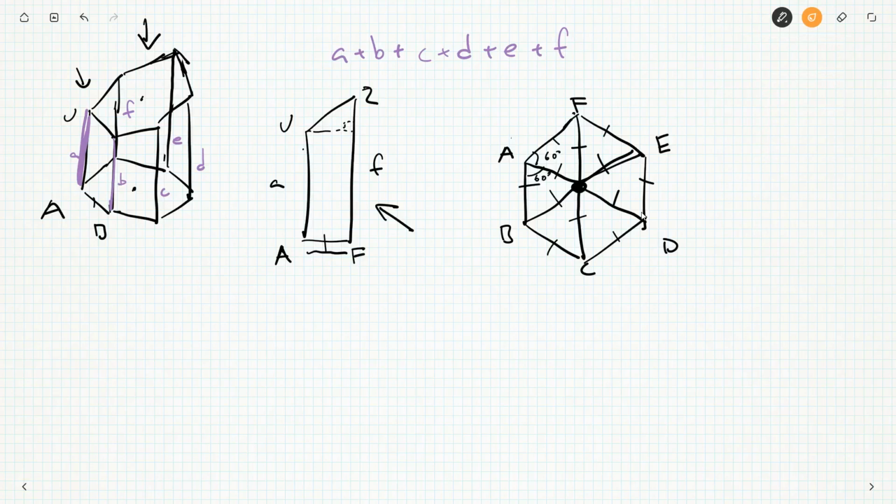And so, if I project these equilateral triangles upwards, that doesn't do anything, really.